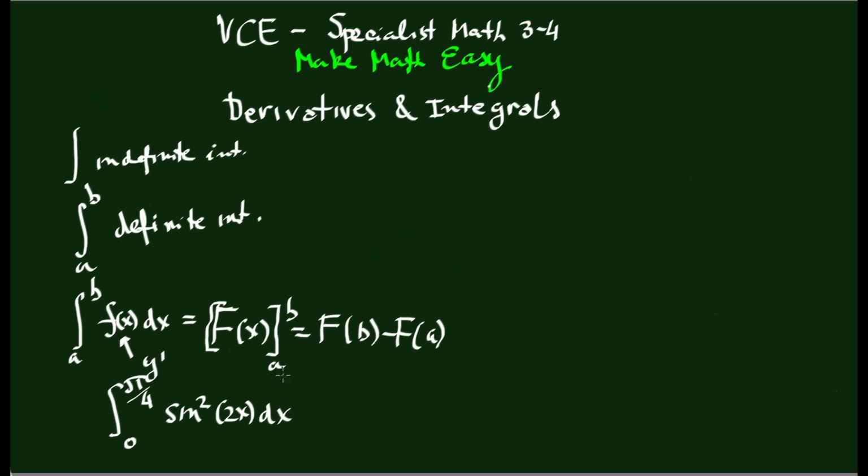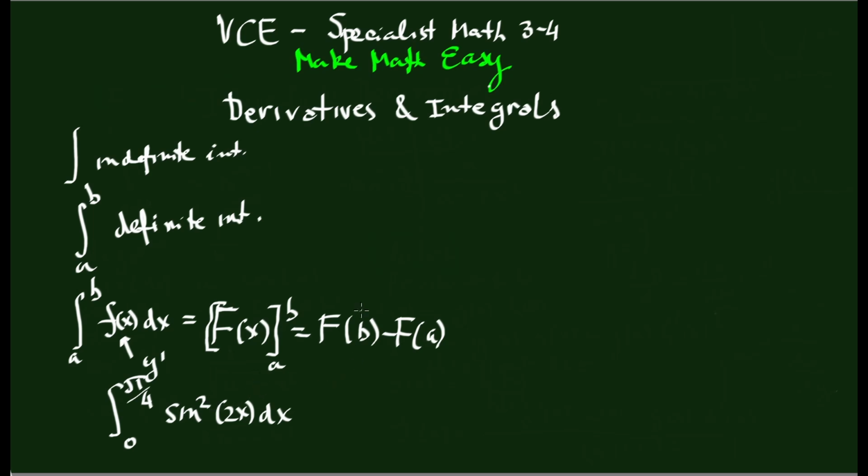We don't have in our tables anything that gives the integral of a function with a power of 2, they're all without powers. So we need to make this power of 2 disappear, and we need to use our trigonometric identities.